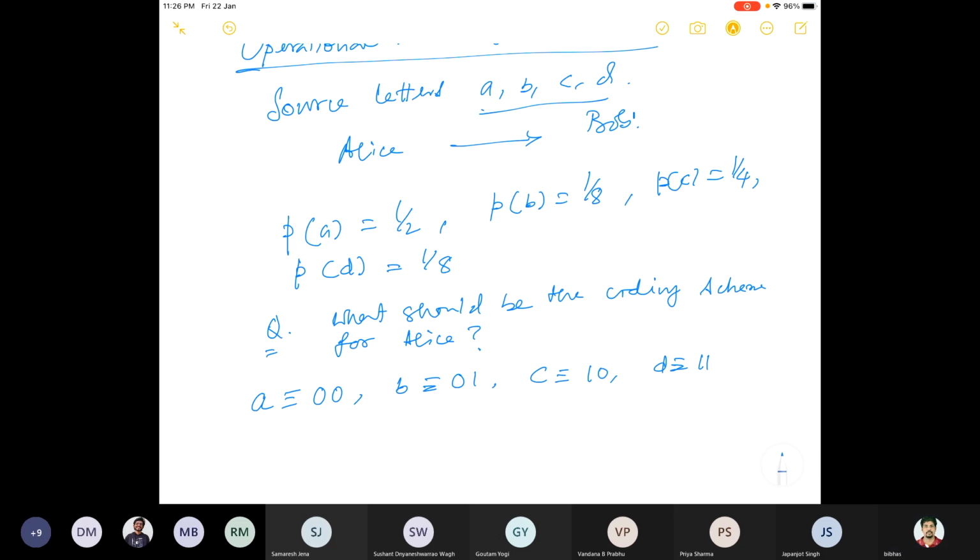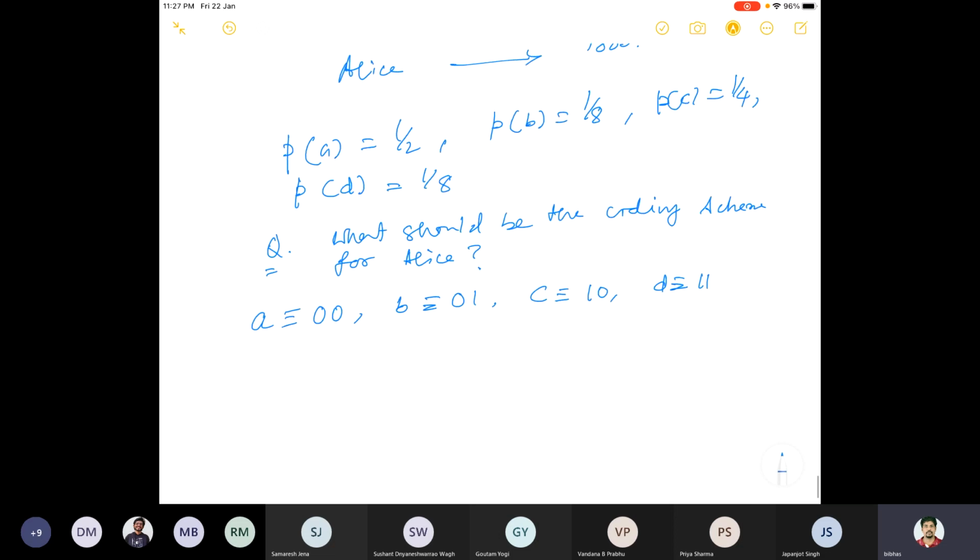Now, what is the expected length of the code word? Meaning, once you are deciding a coding scheme, what are the things you should be interested in? You should be interested in the fact that what is my expected length of the code word. So if we calculate the expected length here, what is that?